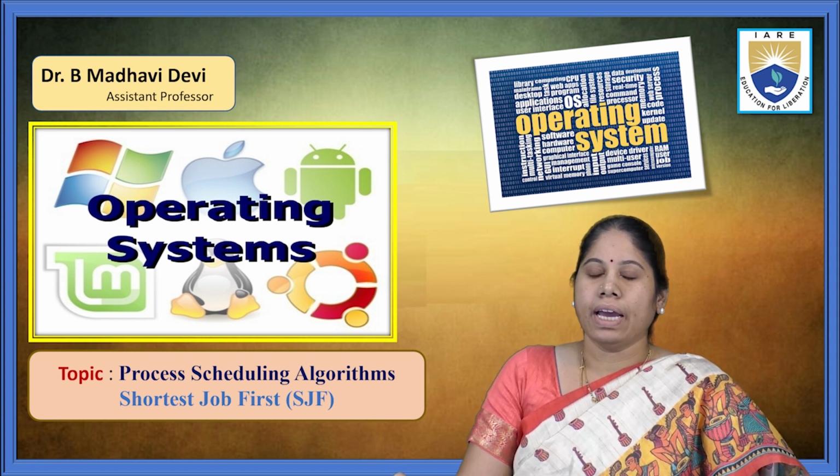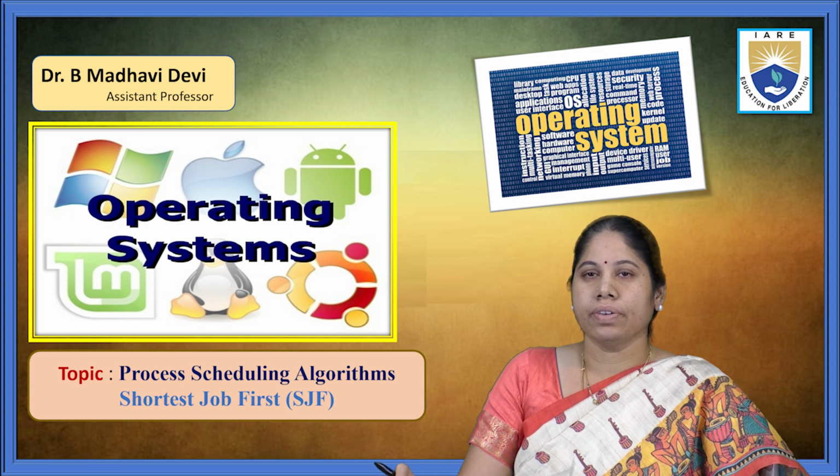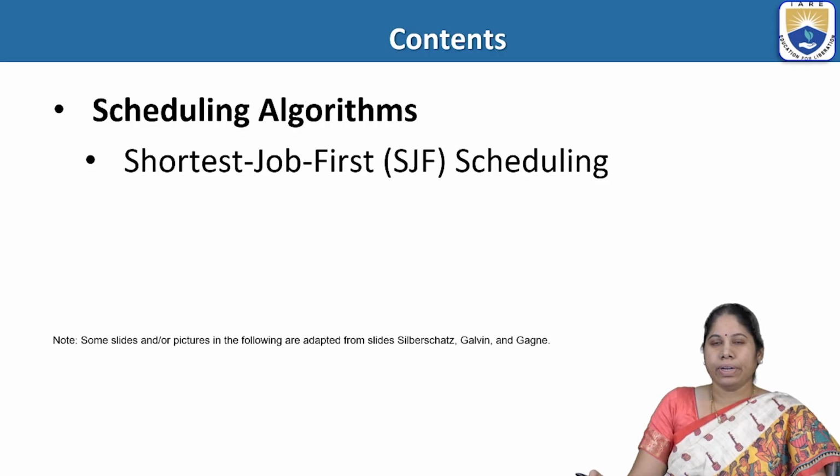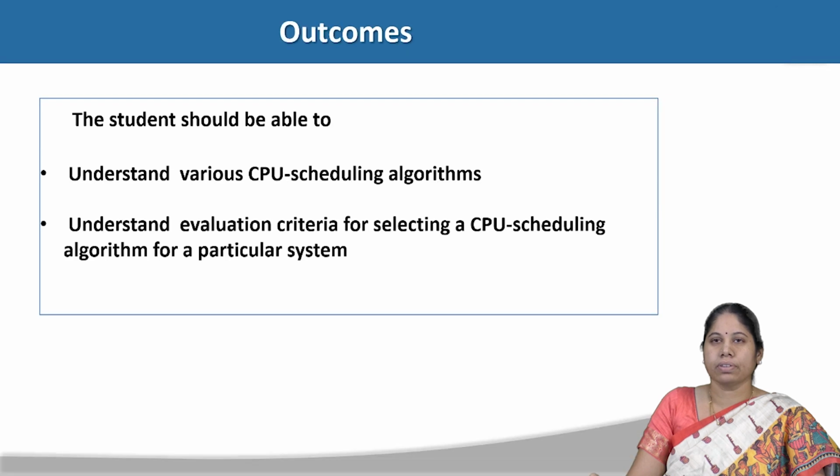Today, I would like to discuss one of the scheduling algorithms, which is the shortest job first scheduling algorithm. So, today we are going to discuss one of the process scheduling algorithms, shortest job first scheduling, in today's session.